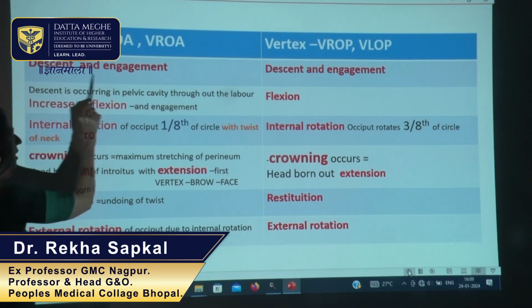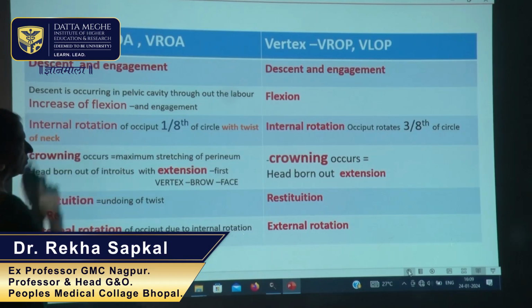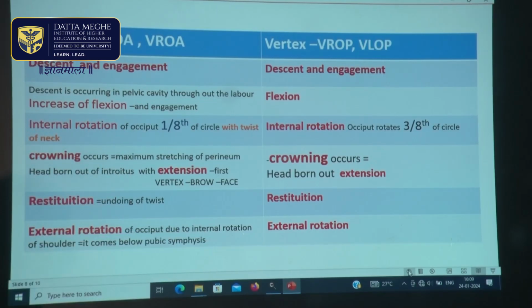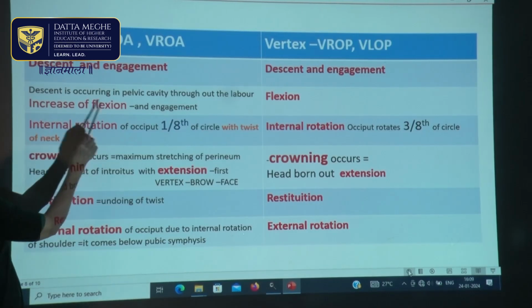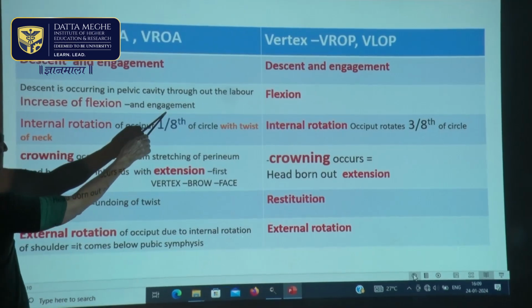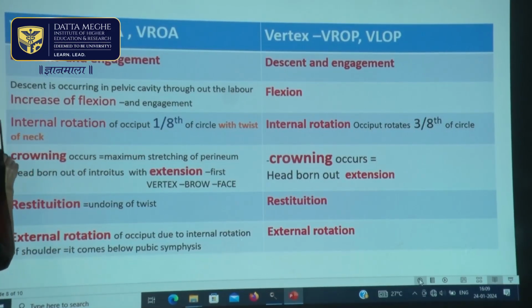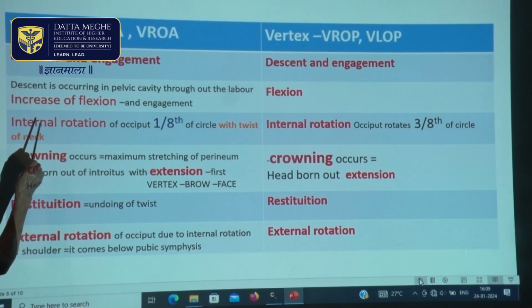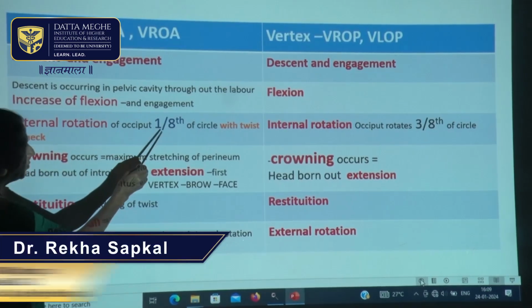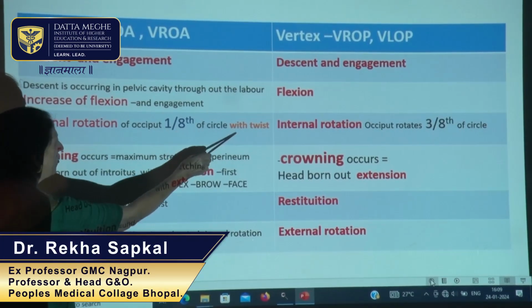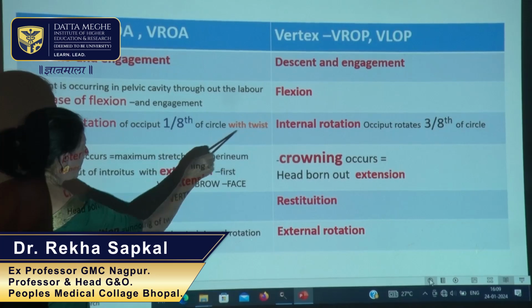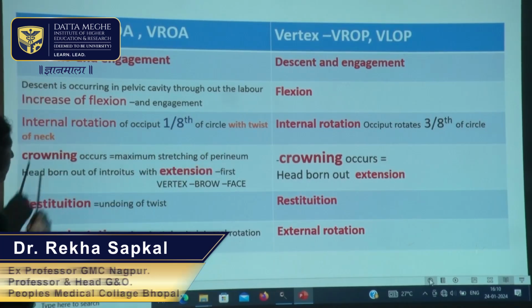Descent and engagement results. Descent is occurring, with that engagement results. Now what next is, first movement is increase of flexion and engagement. Second movement, you just remember, second movement is internal rotation of the occiput through 1/8 of a circle with the twist at the neck. You must utter there is a twist at the neck with the internal rotation.